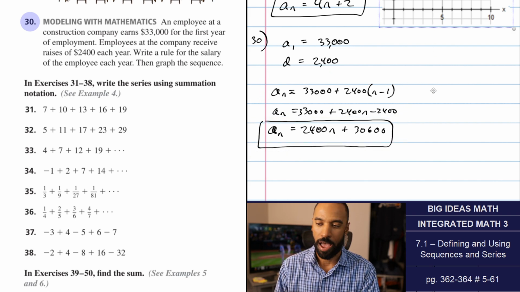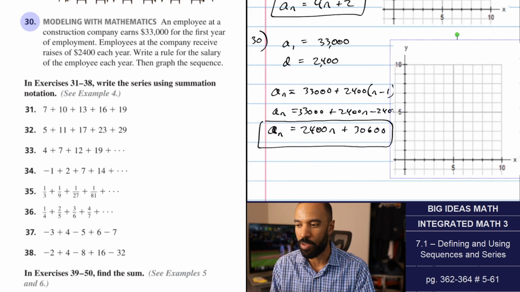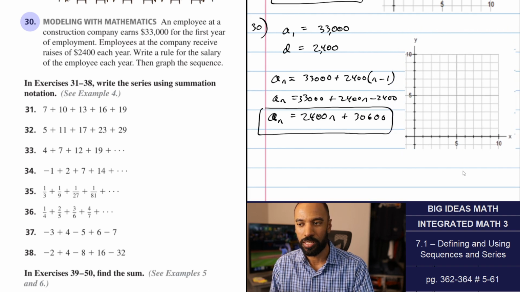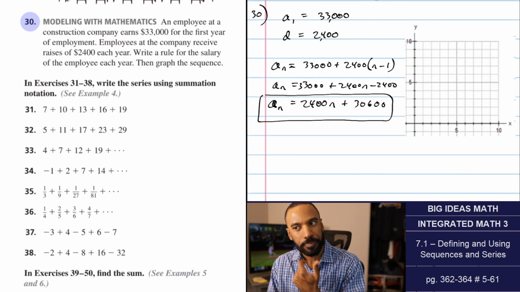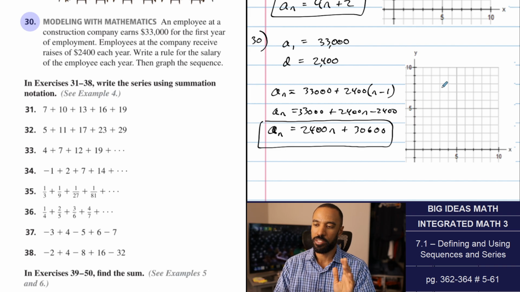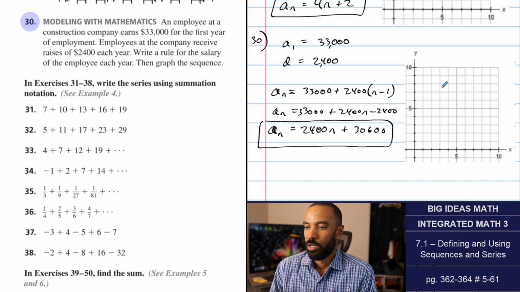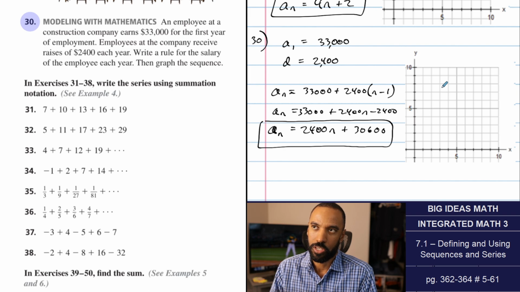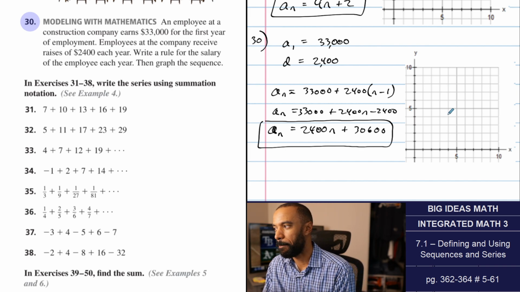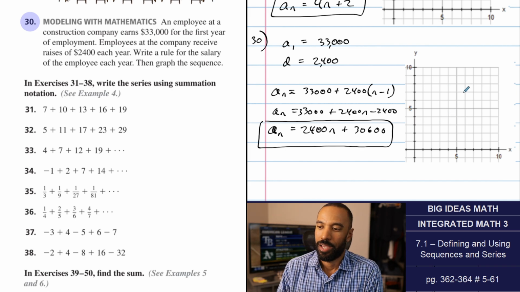Let's copy paste this graph again and try and come up with these values. I think I'm going to do them mentally, guys, if that's right. For the 33,000, how high will these things go up? These don't go up very high off of that. I don't really want to graph this one.